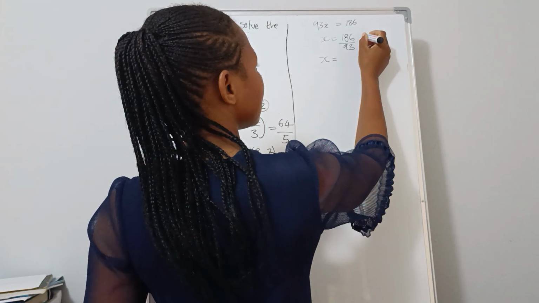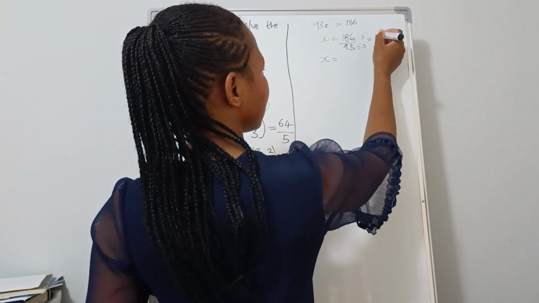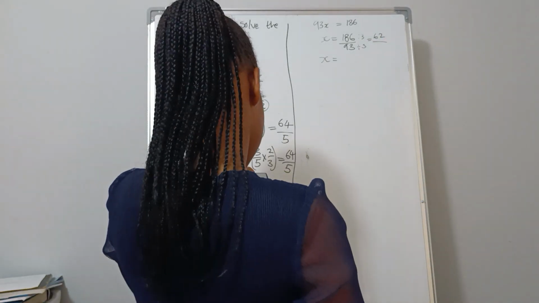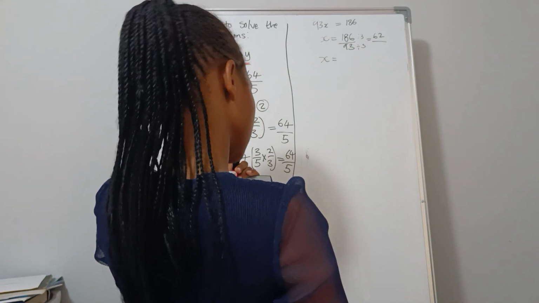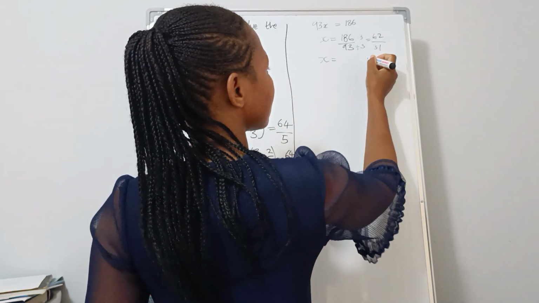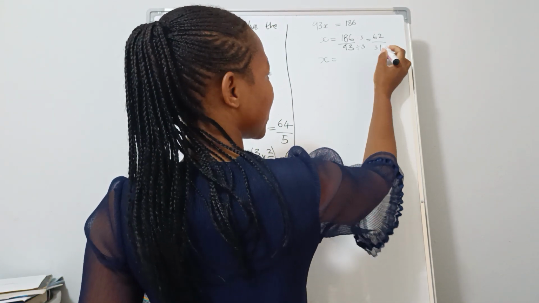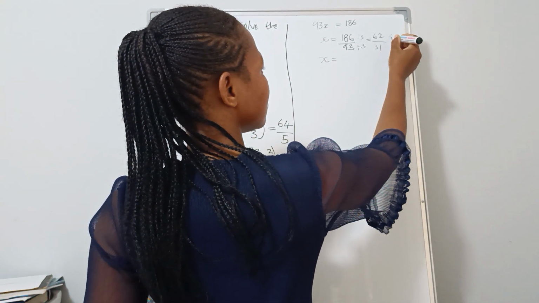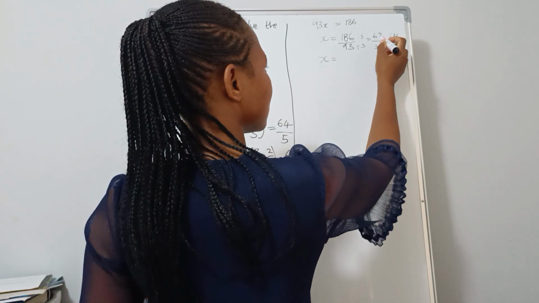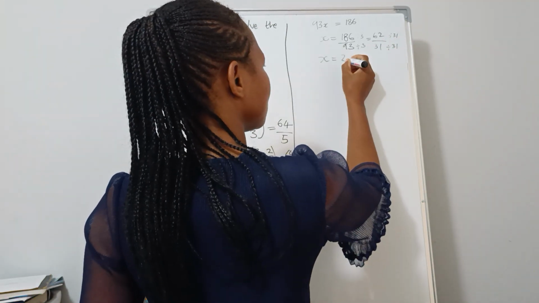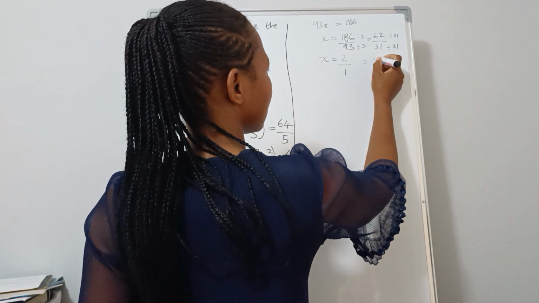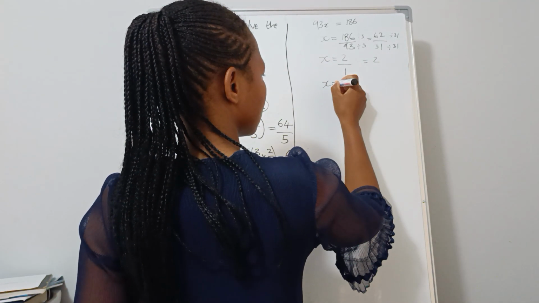We divide by 3, divide by 3, we get 62 over, 93 divided by 3, 31, right? Then if we divide this further by 31, because it's a common factor, divide by 31, divide by 31, 62 is going to be 2 over 1. So this is basically 2. So x equals 2.